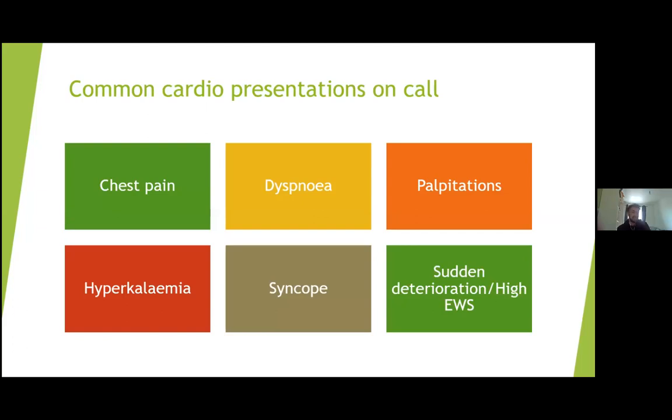There's probably some overlap here with respiratory and other things as well. Chest pain could be of cardiac nature, could be respiratory, could be anything else. You definitely get massive overlap. But from a cardiology perspective, these are the things that you often get bleeped about.